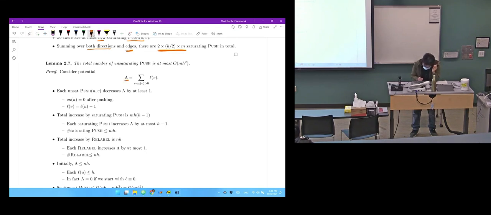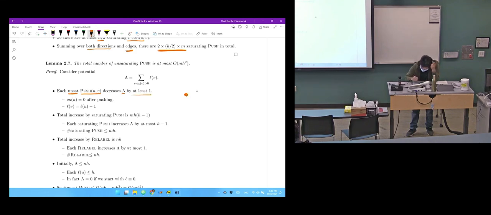I will define this potential function to be the sum, over all nodes with excess, of the level of that node. Why is this nice for bounding unsaturating pushes? Look at each unsaturating push: every time I do this, the potential is decreased by at least 1.